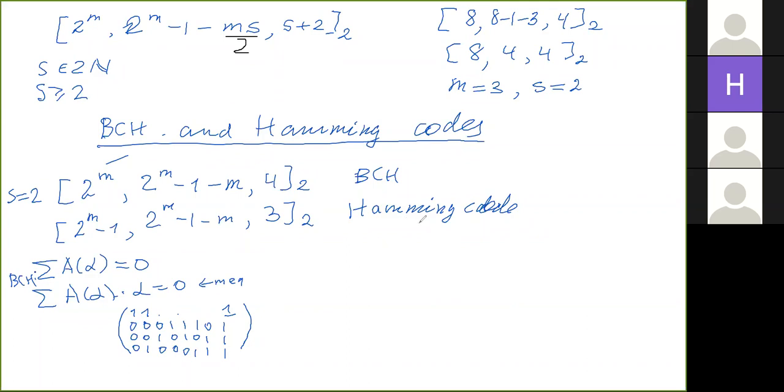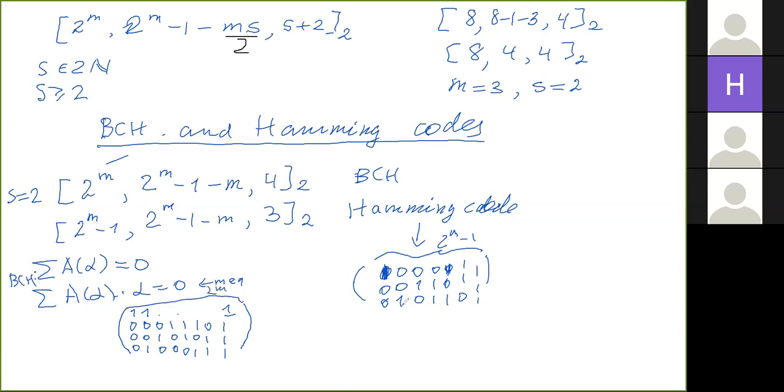But what do we have for the Hamming code? There, the matrix is just a submatrix of this one. We just list all possible non-zero vectors. So the block length is 1 less, 2 to the m minus 1, while here it is 2 to the m.